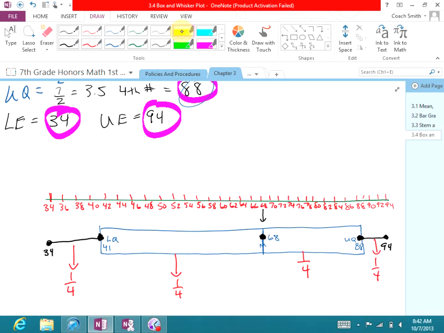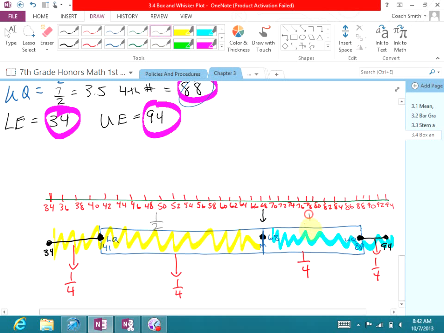Okay, so if I had these numbers in here, that would be 1/2. Okay, the yellow would represent 1/2 of the numbers. Okay, if I had these numbers over here, then that would obviously be 1/2 of the numbers. Okay, and I'll show you one here in a second where how they're going to ask you things about the box and whisker plot.